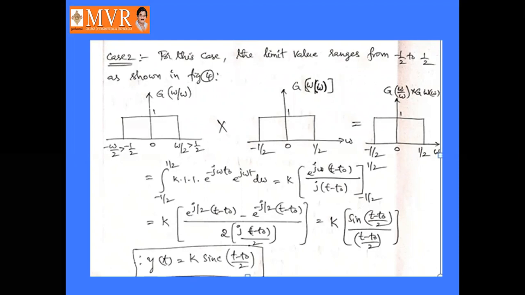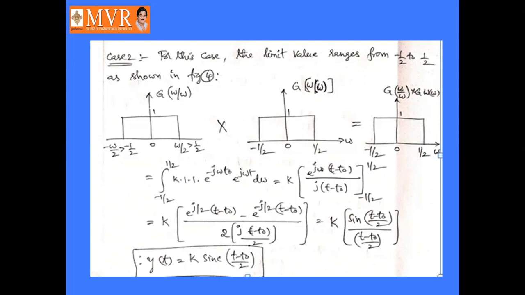Here these two functions are multiplied: g of omega by w, which has the limits minus omega by 2 greater than minus 1 by 2 and omega by 2 greater than 1 by 2, multiplied by g of w of omega, with the limits minus 1 by 2 to 1 by 2, which has amplitude 1.